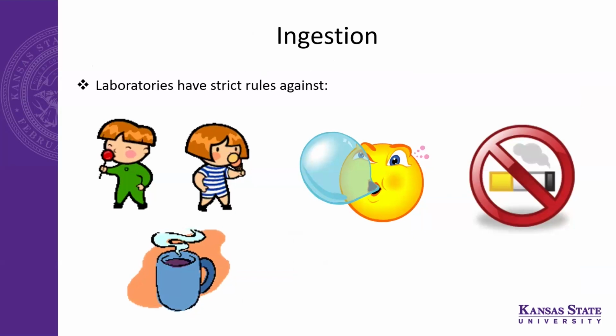Of course, no food is allowed in the labs, especially in the chemistry labs. This exposure is possible if you have food in the lab. So if you don't eat, smoke, chew gum, or drink any drinks, then there won't be this hazard in the lab.